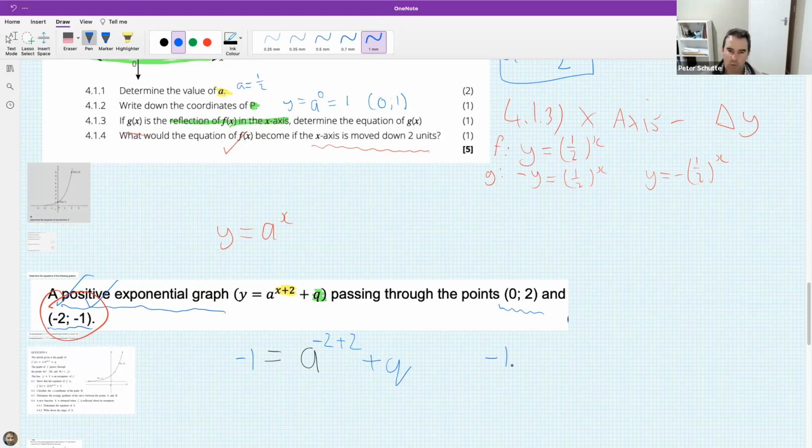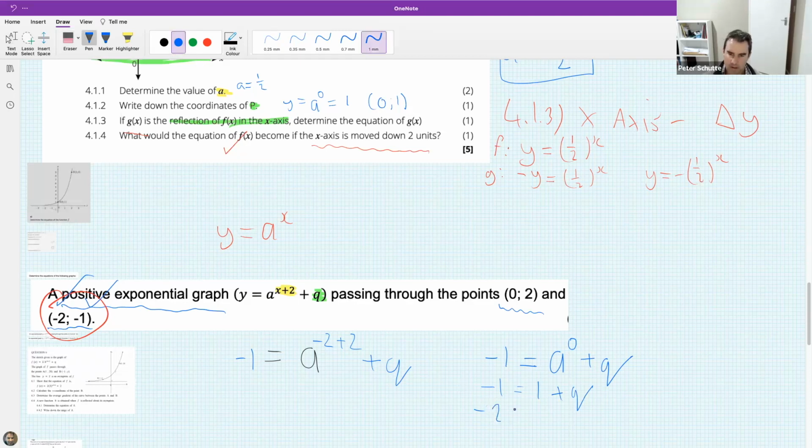And so we get minus 1 is a to the 0 plus q. What is q going to be equal to? Because that does make sense to me. I think this is 1. And so if I bring that across, I'm going to get q is minus 2.